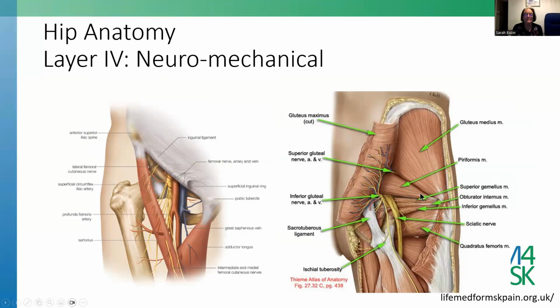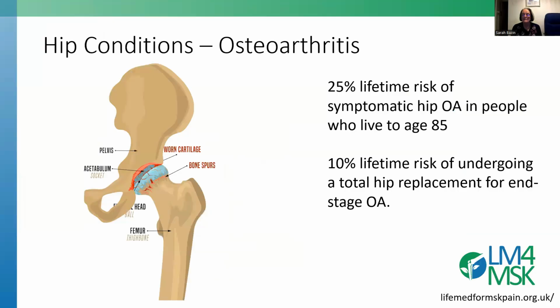Famous among them is the piriformis muscle, which is here at the back, deep down in the gluteal region, and that can sometimes impinge on the sciatic nerve and cause symptoms. In the front, you have the lateral cutaneous nerve of thigh, and that can get impinged and cause a condition called meralgia paresthetica. We'll look at some of these conditions as we go across the rest of the presentation today.